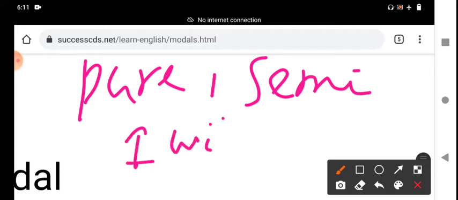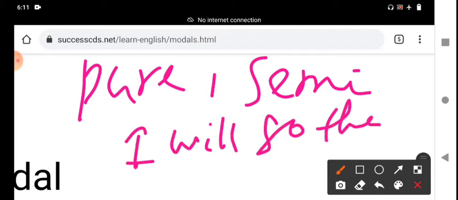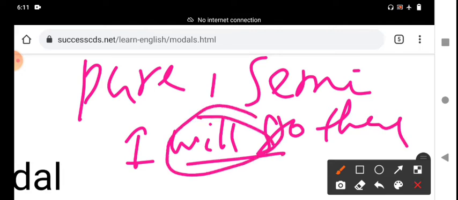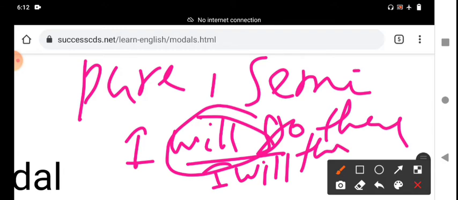For example, "I will go there." It is followed by the principal verb or main verb, and it is not possible to use them separately. They are never used alone. For example, "I will there." Is there any meaning for this? There is no meaning.